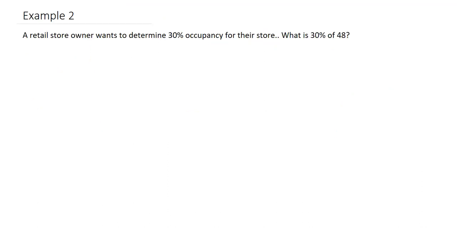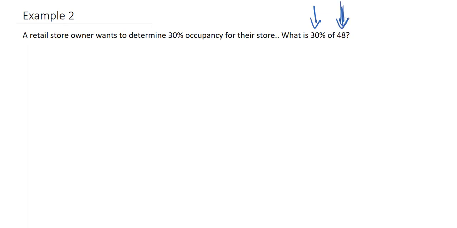Example 2. A retail store owner wants to determine a 30% occupancy for the store. So what is 30% of 48? What it's saying is that 30% of 48, which is the total amount of people that can be in the store, say if it wasn't during a pandemic or any kind of event.